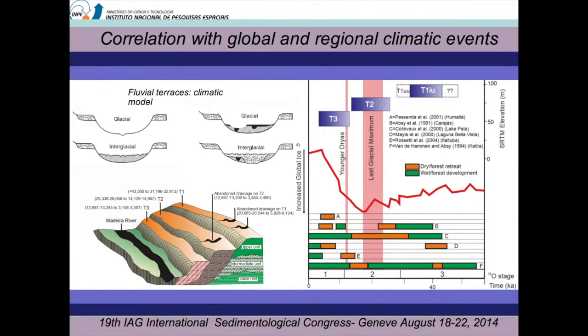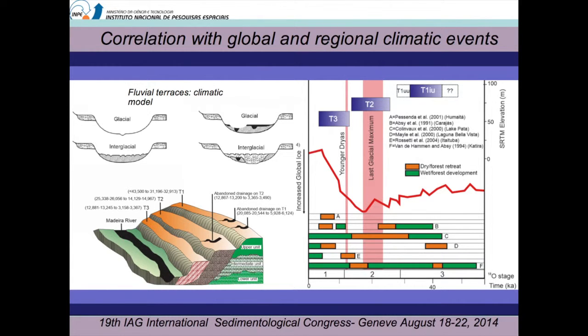And when you have the next dry or glacial episode, you have another period of terrace downcutting. If we use this model, you see that it doesn't work very well for this area, because you have lots of sedimentation.